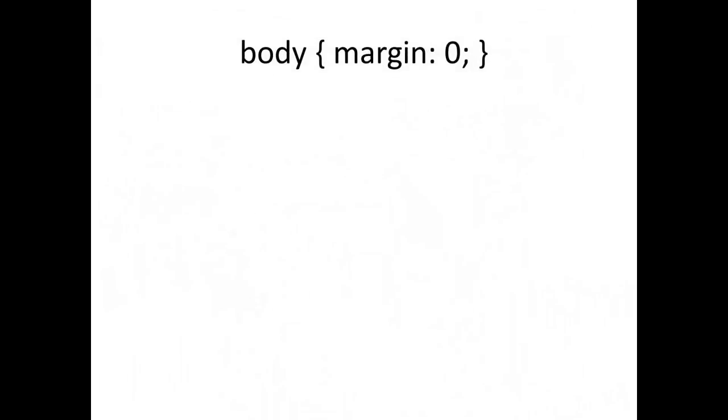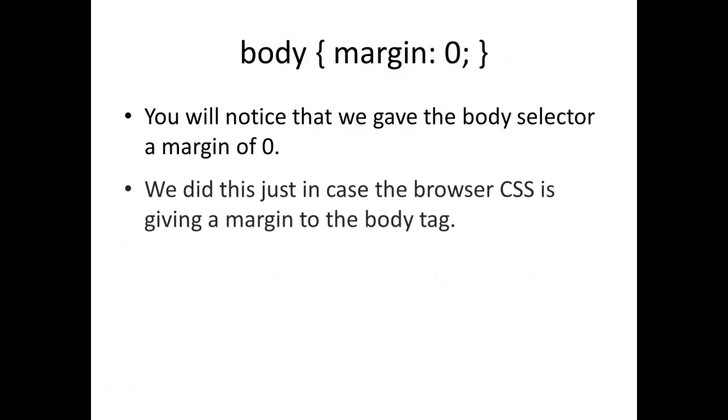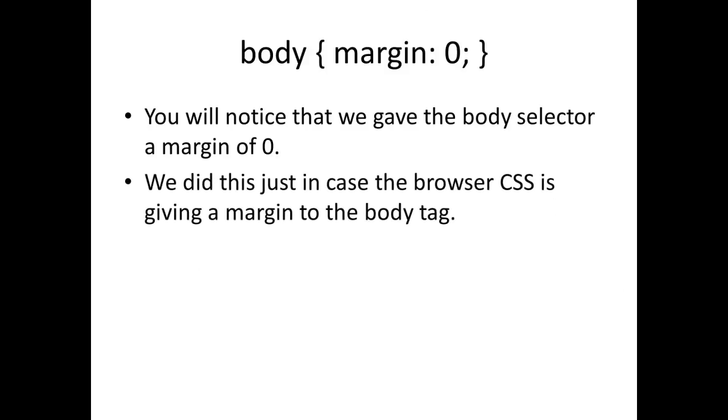Okay. So now you'll notice if you look at the style sheet, the commands that are being applied, that we have a body selector with a margin of 0. We did this just in case the browser CSS has given a margin to the body tag. Remember we talked last week or the week before how browsers have their own CSS in them.